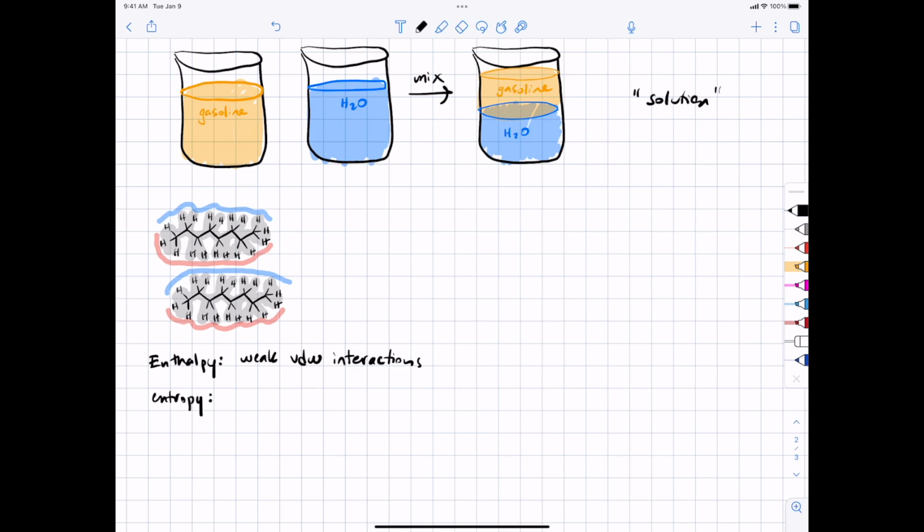In terms of entropy, in the liquid, you've got a lot of disorder. Not as much disorder as you would have in the gas phase, but certainly way more disorder than you would have in a solid. The liquid molecules are sliding past each other, not staying in one place very long. But as they slide past each other, they are interacting via this weak van der Waals interaction.